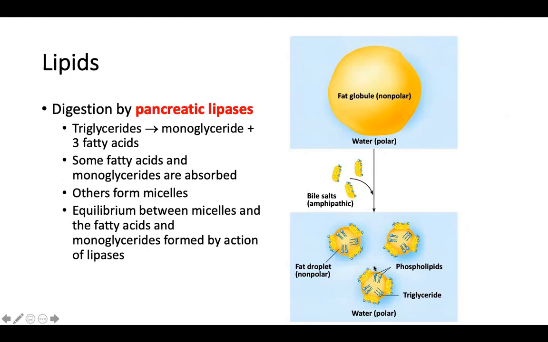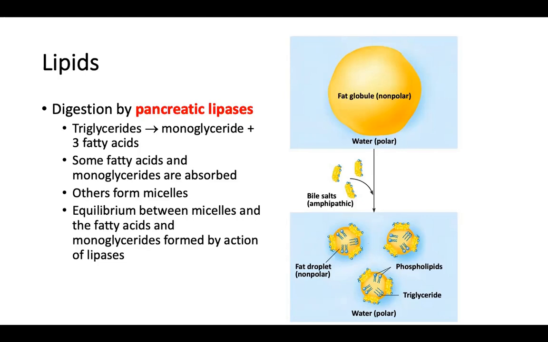And then now we have smaller, more manageable fat droplets instead of a fat globule, right? So a much smaller structure here. Then we can have lipases come in and start breaking this down into smaller components. So we can break it down from triglycerides into monoglycerides. We can pull that glycerol backbone off. We can have fatty acids that are separate.